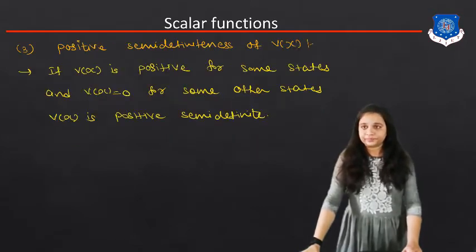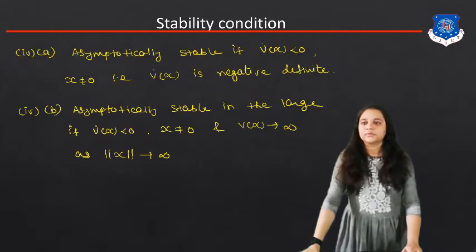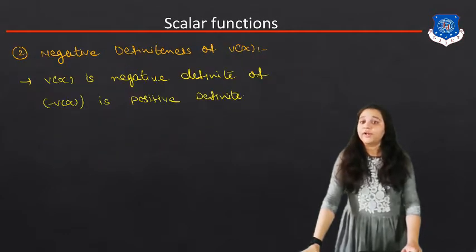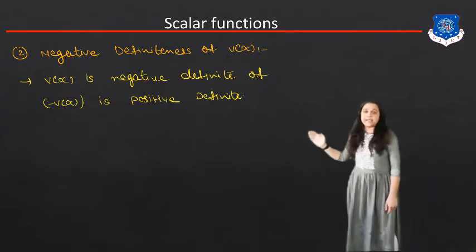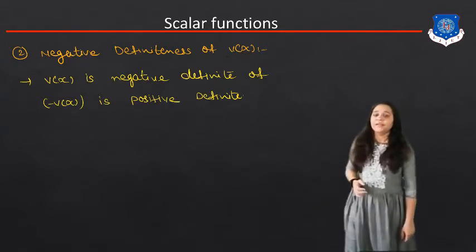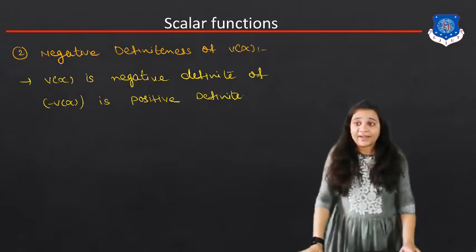What is the negative definiteness of V(x)? V(x) is negative definite when minus V(x) is positive definite. That means the value of V(x) is less than 0.